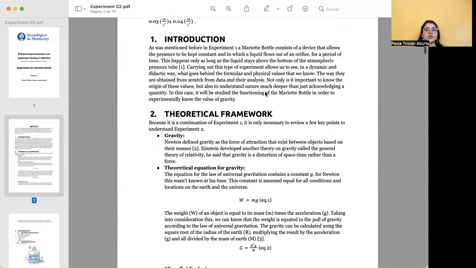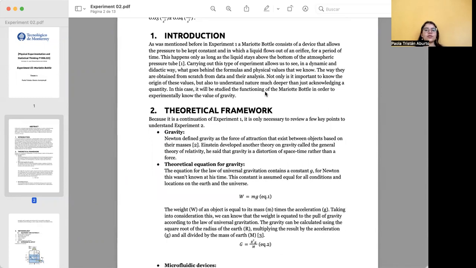As an introduction, we briefly talk about what the Marriott bottle consists of, which is a device that allows the pressure to be kept constant and in which a liquid flows out of an orifice for a period of time. This only happens if the liquid stays above the bottom of the atmospheric tube.